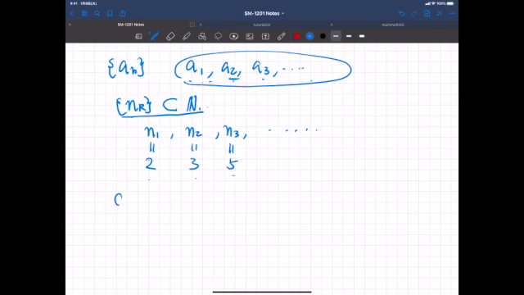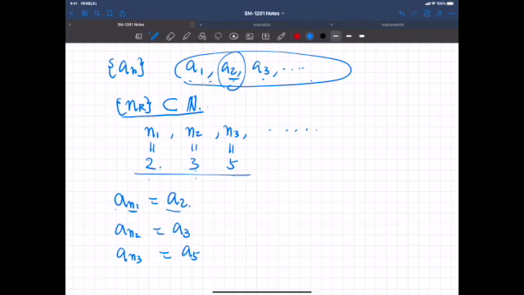For example, a_{n1} in this example could be a2, a_{n2} would be a3, and a_{n3} could be a5. So this subsequence a_{n1}, a_{n2}, a_{n3} could be something like a2, a3, a5, and so on.